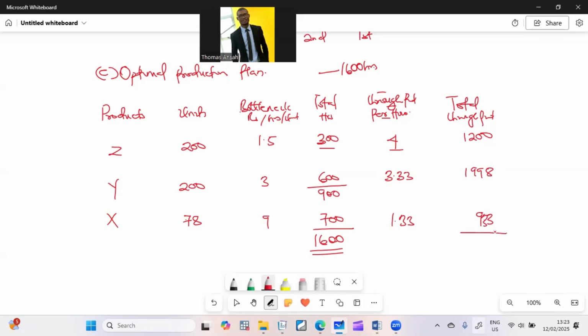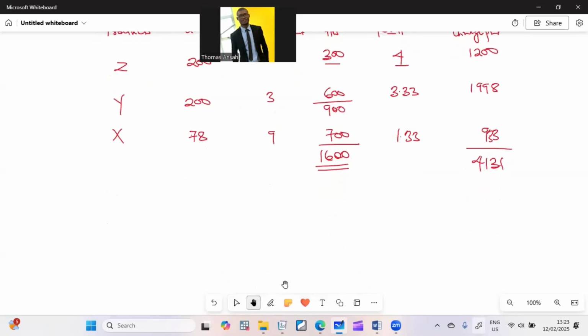And when you total this, how much are you getting? You have 933 plus 1998 plus 1200. I have 4131. Don't forget, the last thing to do is to less your expenses, cost. And the total cost, I think we had it somewhere.